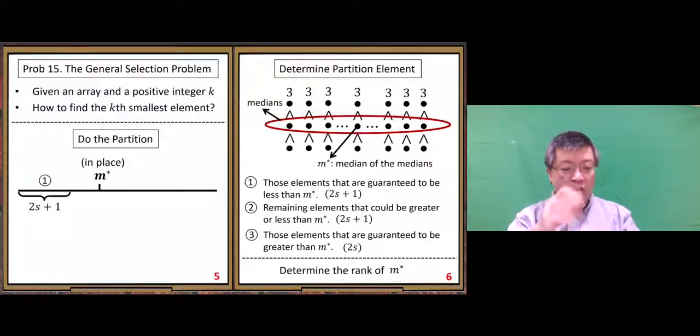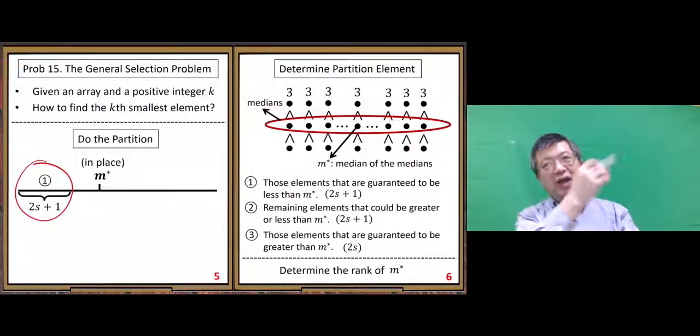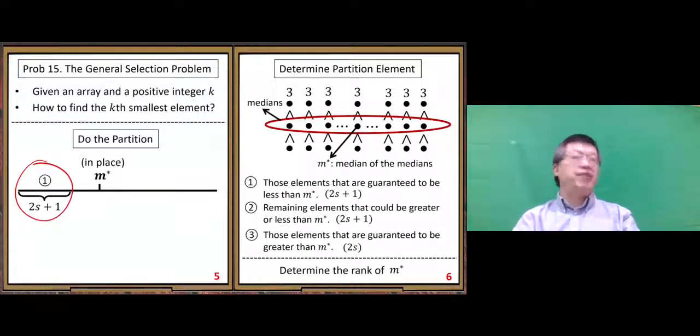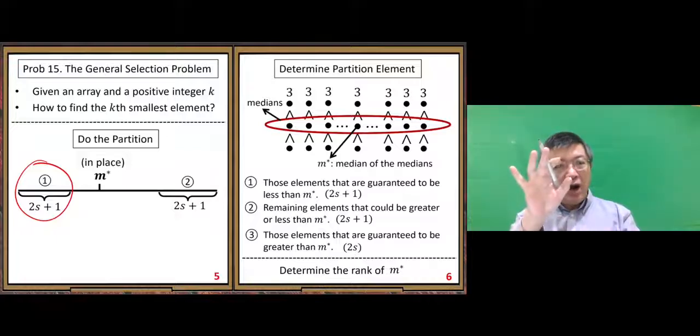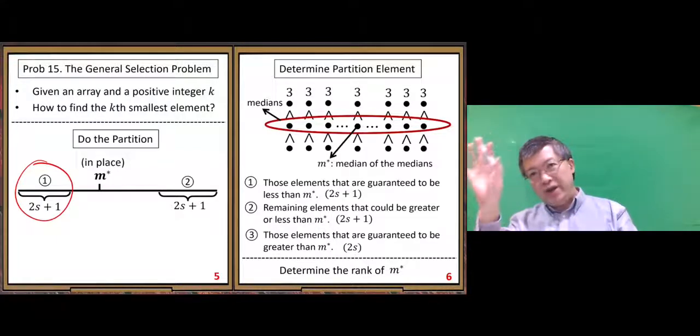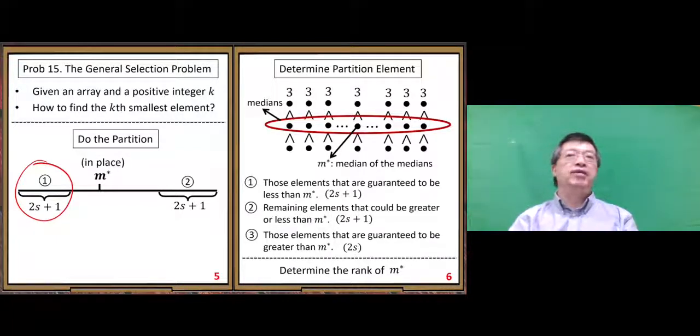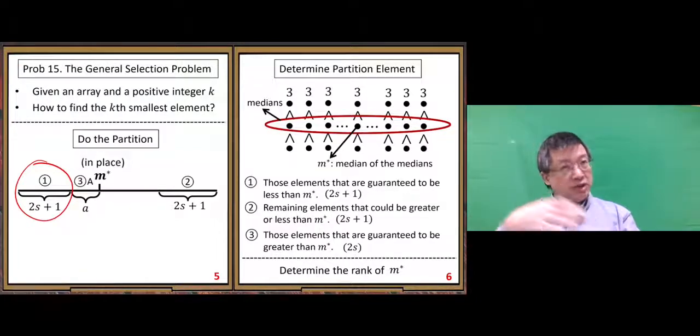Part 1, S elements, we already know are less than M star, left-hand side of M star. Part 2, those 2S plus 1 elements greater than M star, we put them on the right-hand side of M star. Then the remaining 2S elements, we don't know, but we can do comparisons, right? One by one compare with M star.